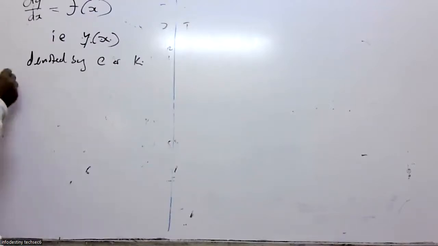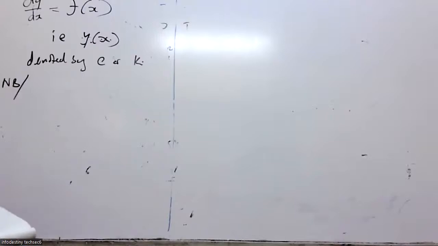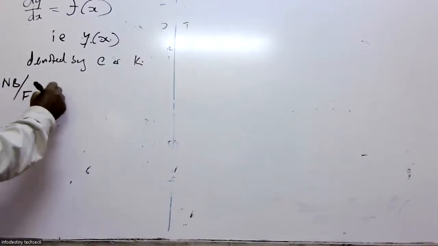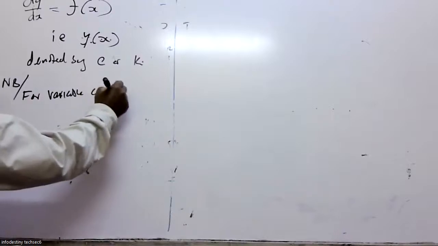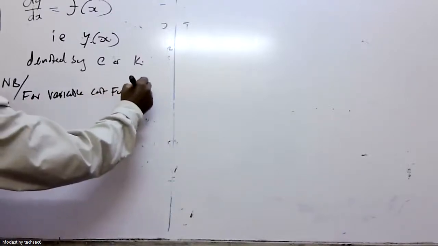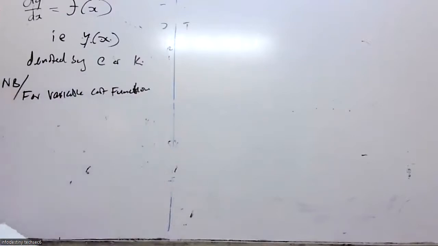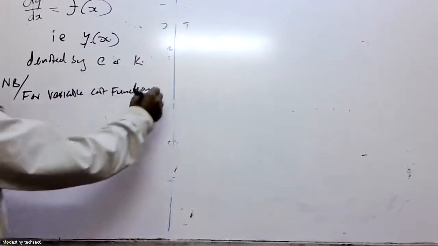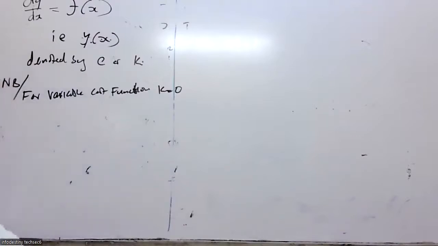NB: for a variable cost function, K will be equal to 0.